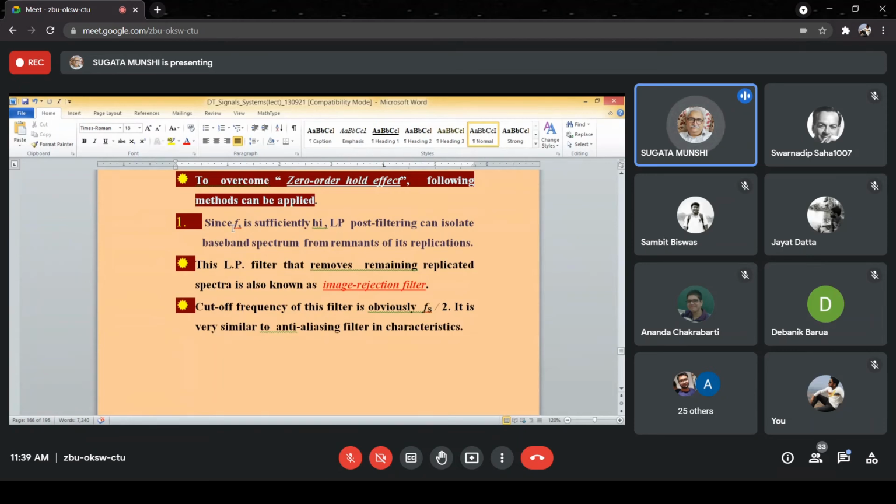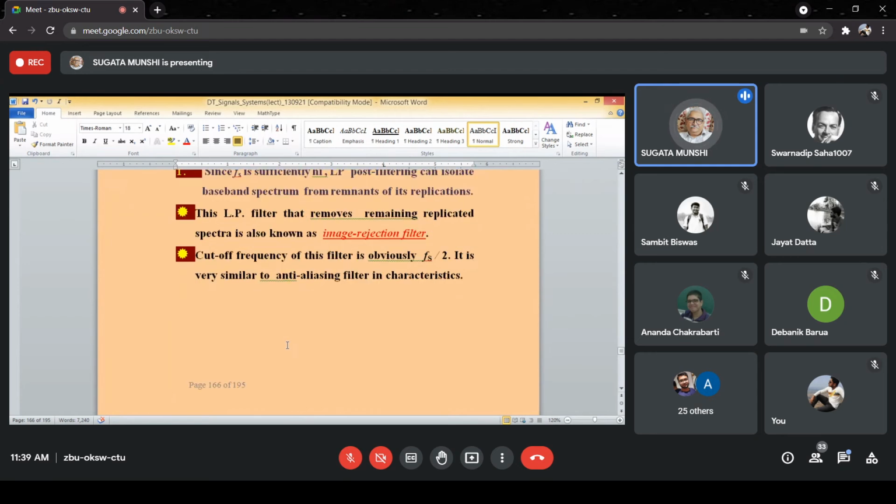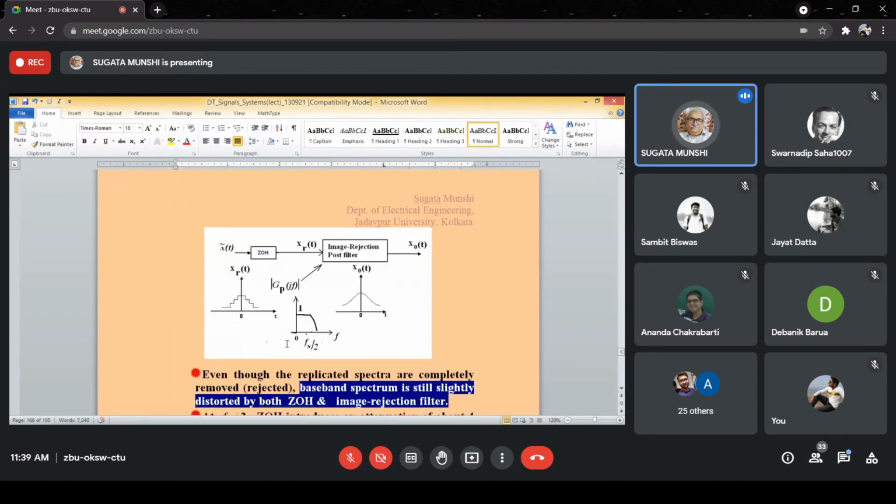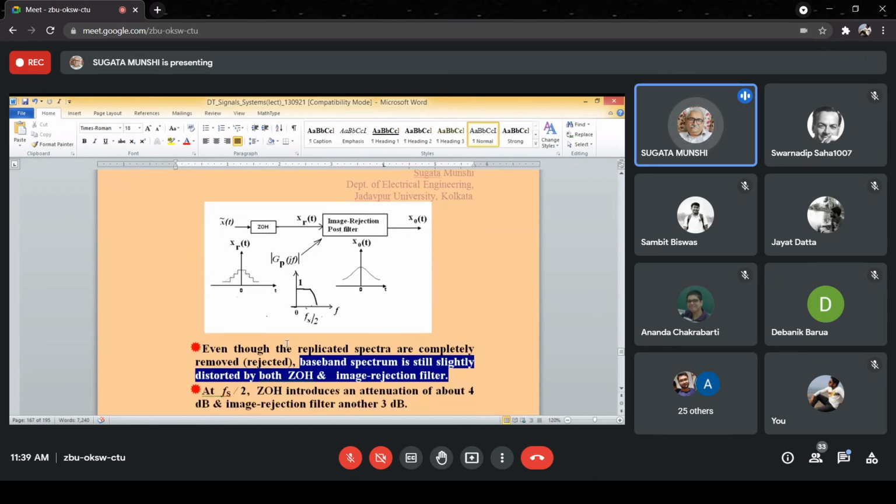The cutoff frequency of this filter is obviously half the sampling frequency, and it's very similar to the anti-aliasing filter in characteristic. That is one part of the story. But the baseband spectrum is distorted; how can you bring about some remedial measures?